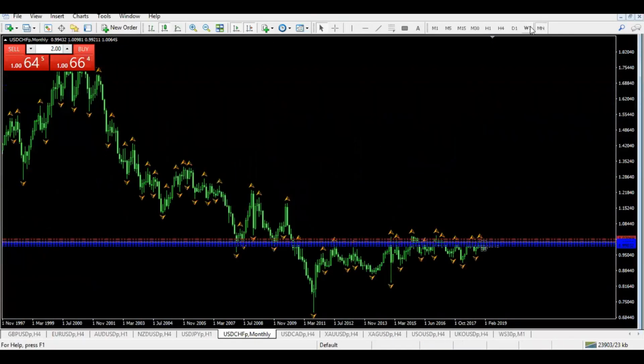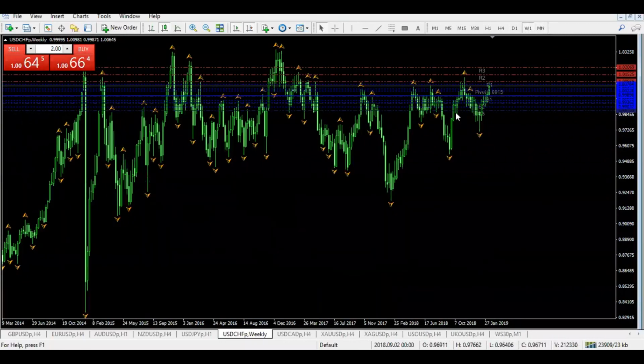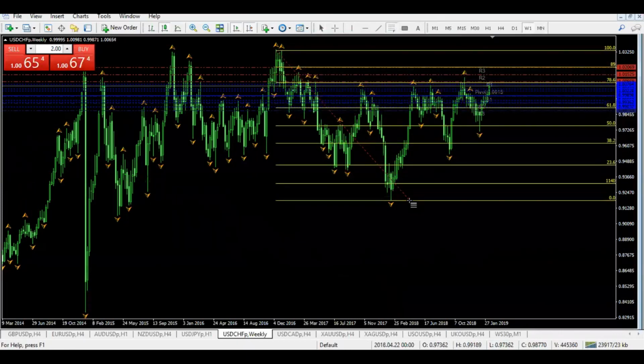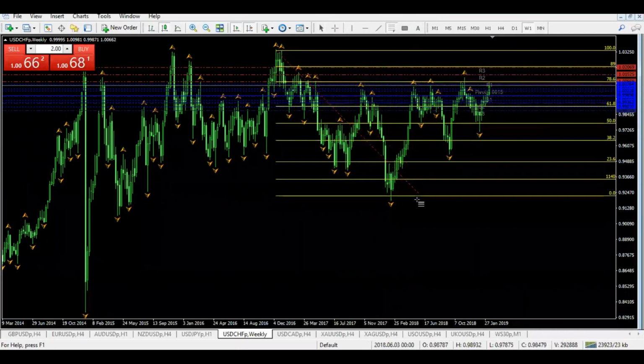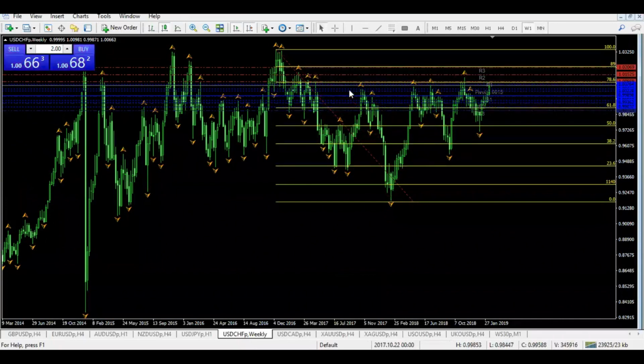You should make your time frame weekly or monthly. We put it on weekly. When you're in a weekly time frame, you draw it from the high on the bottom to the high on the top. But that's another technique that I will teach you today, to change the bases.